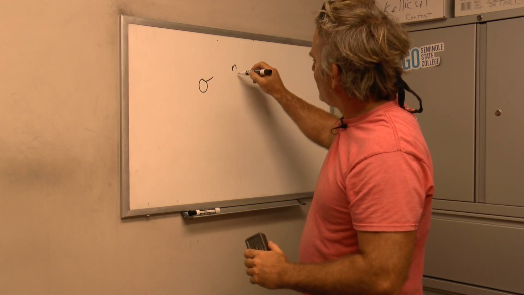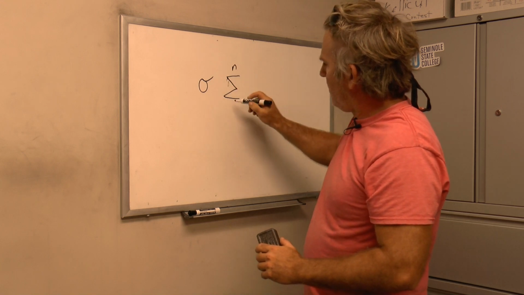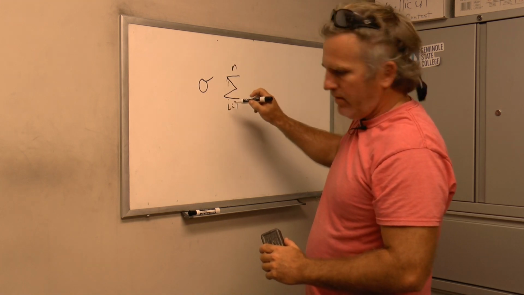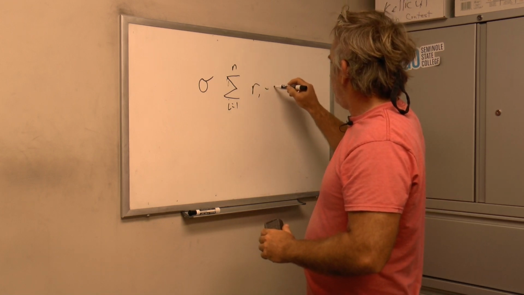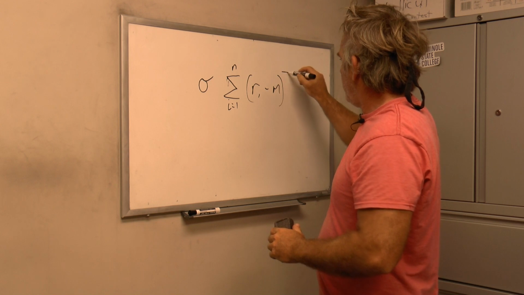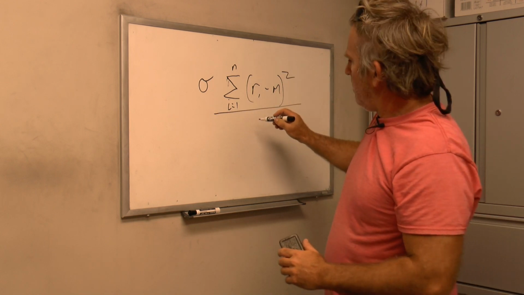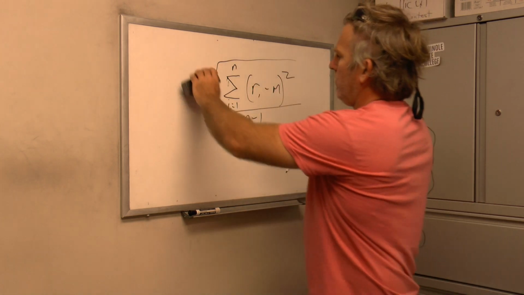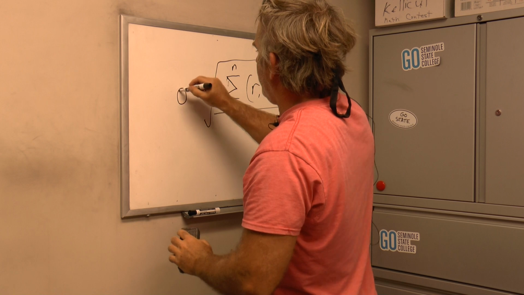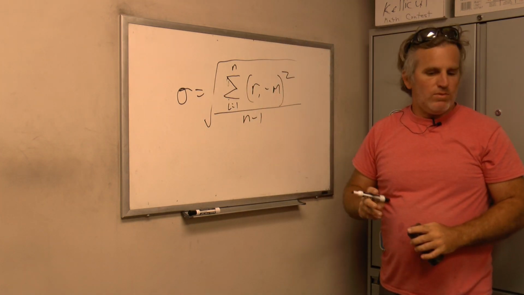And then you remember this crazy symbol, the summation, with i equals 1, and R_i minus M squared, and then it's over N minus 1. Oh, yeah. So what is that?